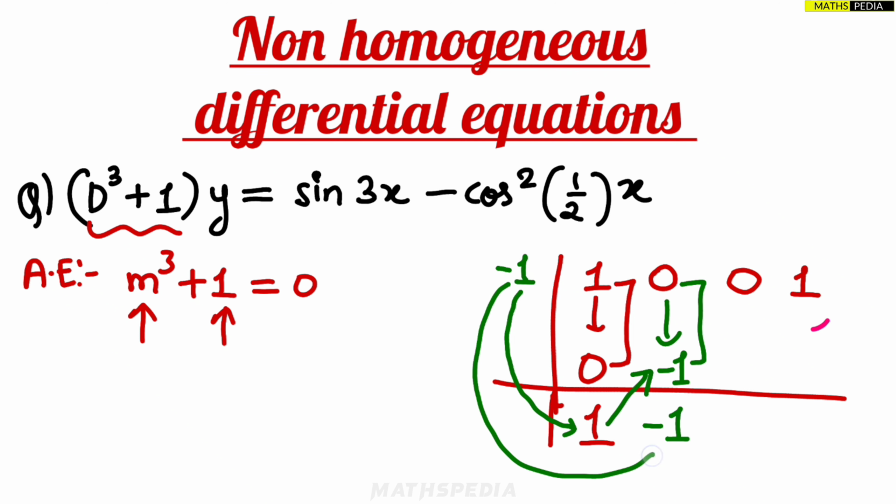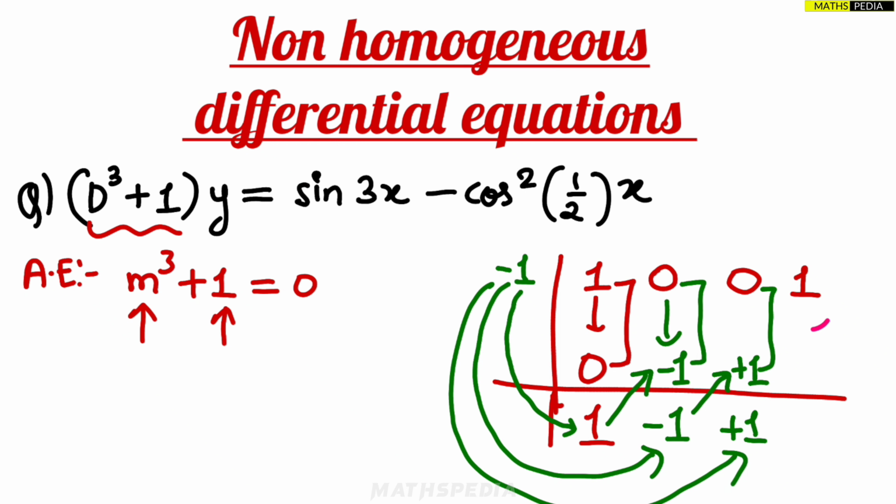Again minus 1 into minus 1 is plus 1, put it over here. Add 0 and plus 1, which is plus 1. Again minus 1 into plus 1 is minus 1, add this to 0, it is 0. So when you get 0 here, you have to understand that this is the root. We already understood by substituting, but still, this is the root.